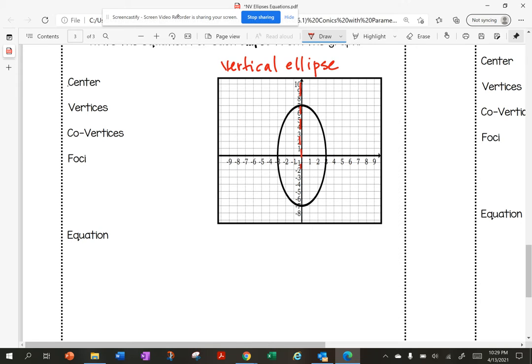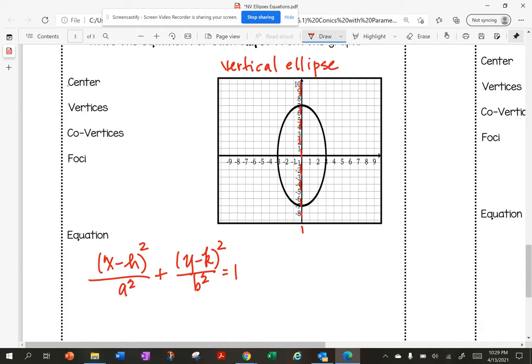So this is my major axis here. So my equation I know is going to be x minus h quantity squared divided by a squared plus y minus k quantity squared divided by b squared equals 1. So I need to know what h, k, a, and b are.